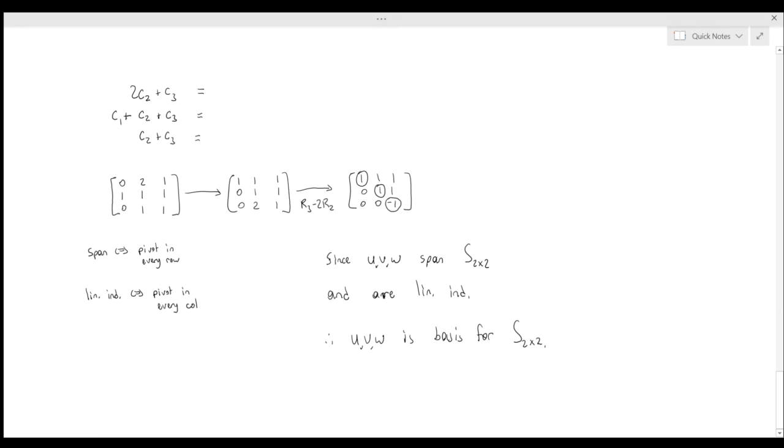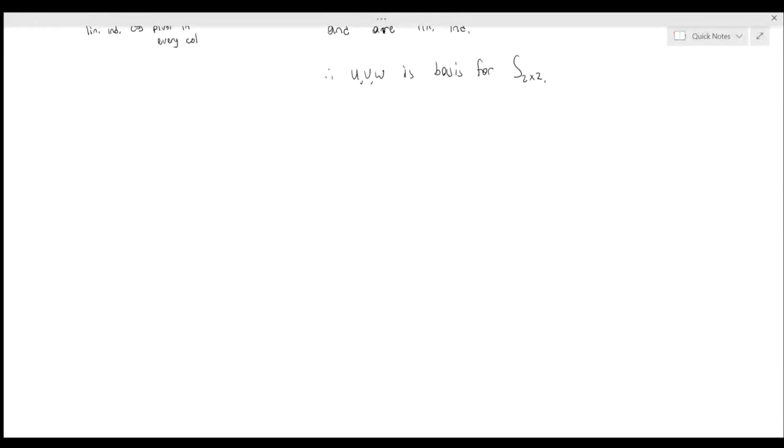All right, now I'll do one more similar example, just working with polynomials. Okay, so let's say I'm working with the space of polynomials with degree less than or equal to 2.